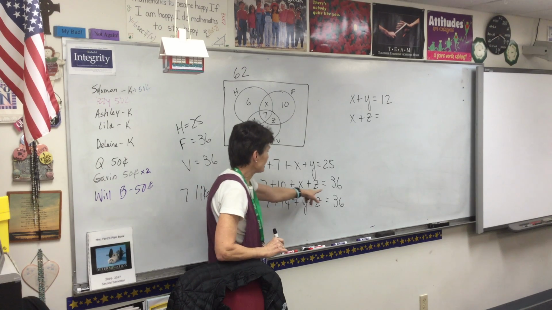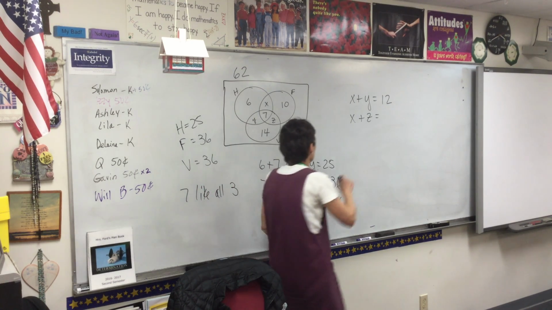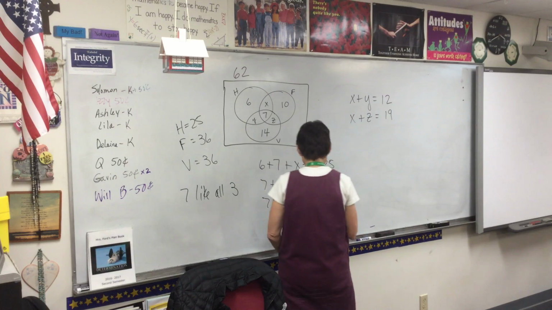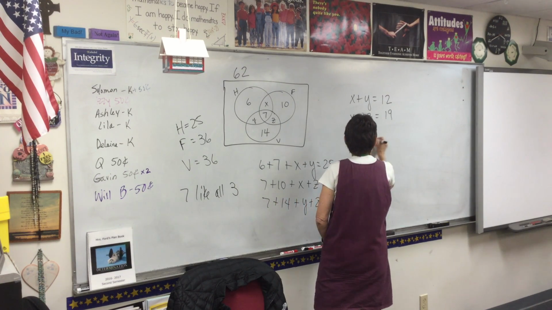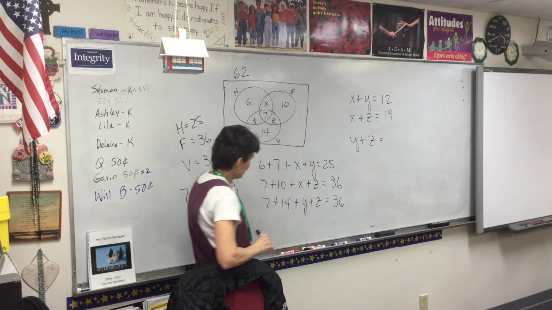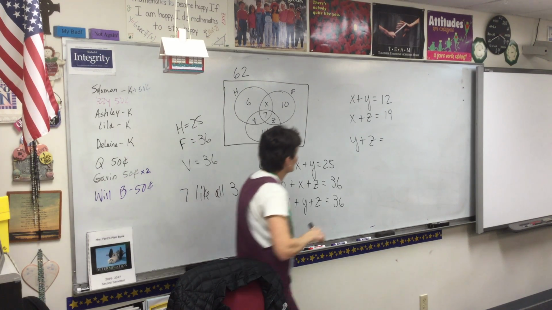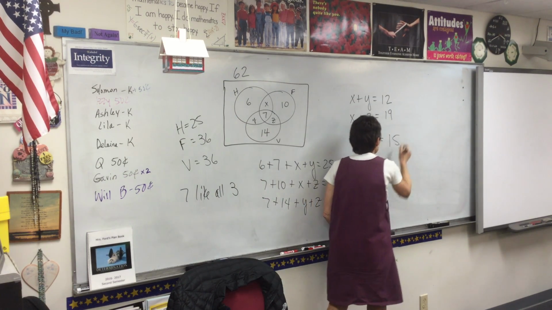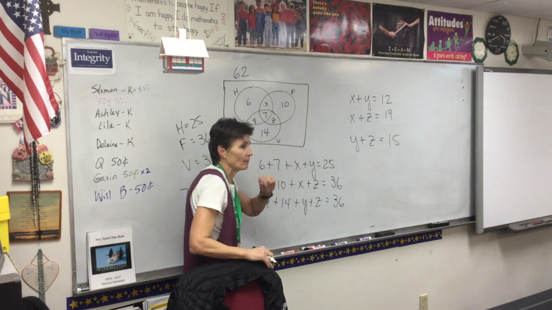Come on, what's X plus Z equal? 19. And then Y plus Z is going to equal 15. So there, it's the same system, but it's cleaned up now a little bit.